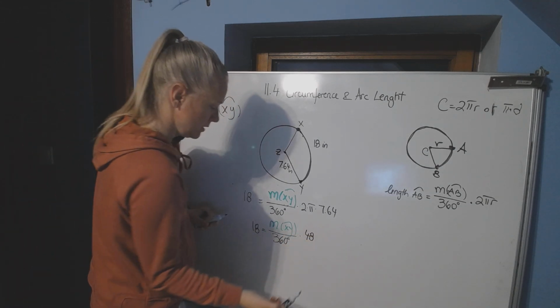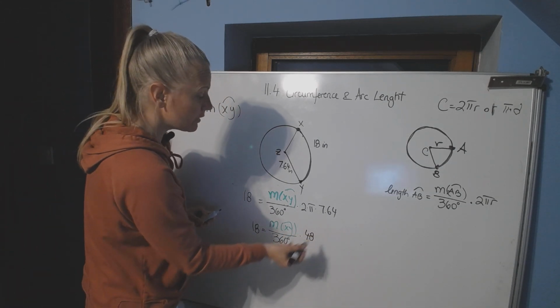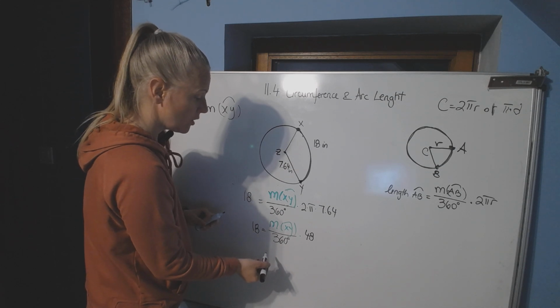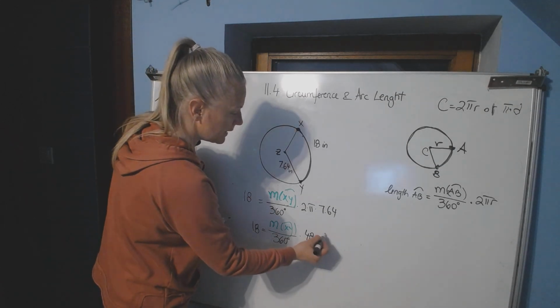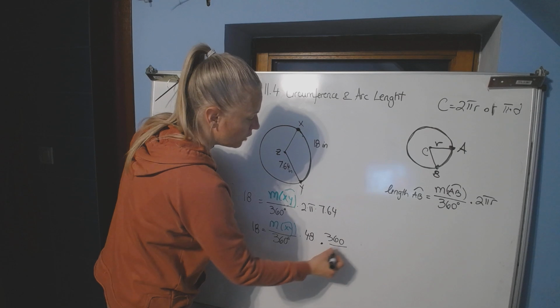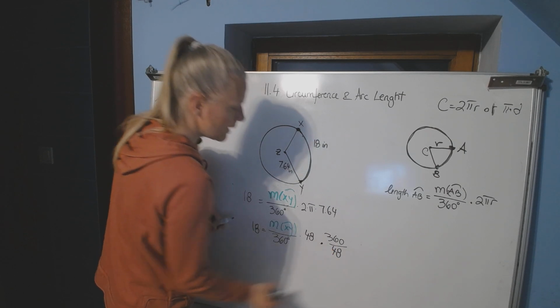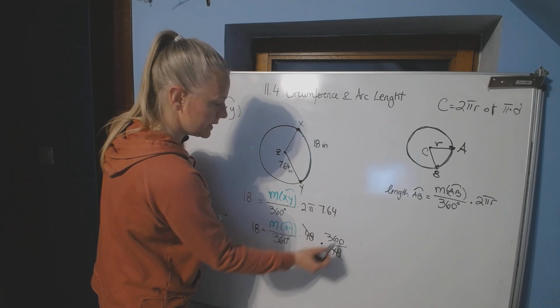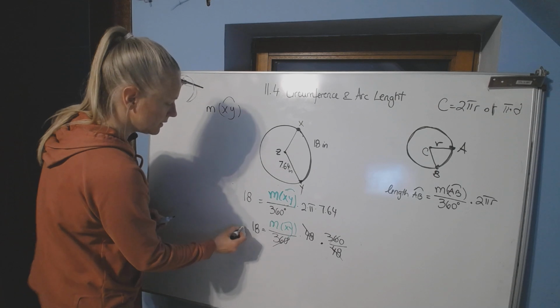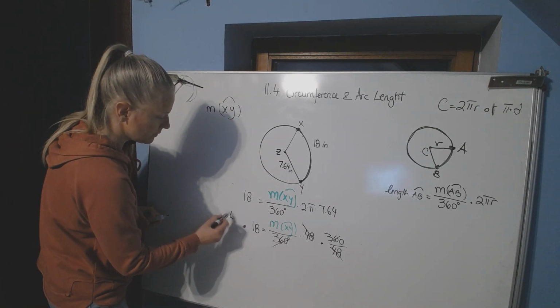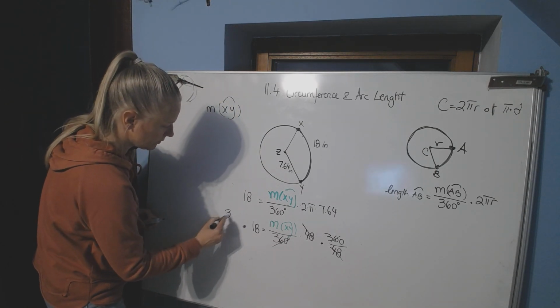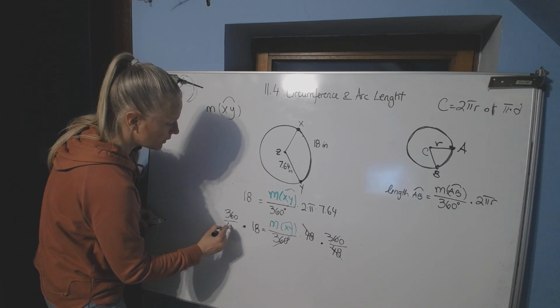Okay, the first thing I want to get rid of is 360. I want to get rid of 48 over 360, so I'm going to times it by 360 over 48. Why? Because this will go away with this. This will go away with this. Times 360 over 48.